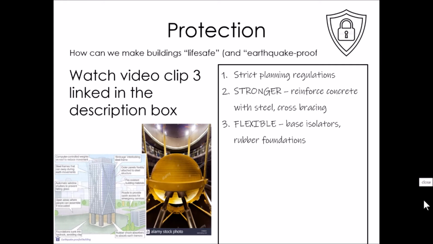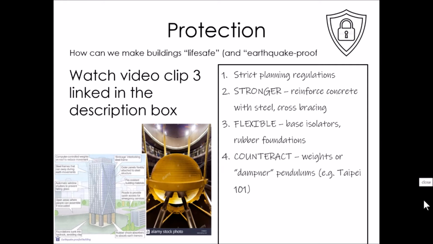First of all, you can make sure that you have got quite flexible materials in your building. So some people use rubber as a foundation, so that the building almost absorbs the shock before it even gets to the main part where the people are. You can also get base isolators, so they can sometimes be almost like huge ball bearings that the building will sway upon.